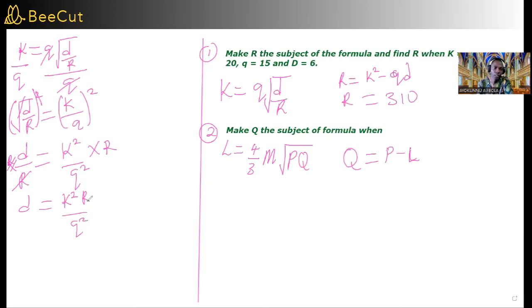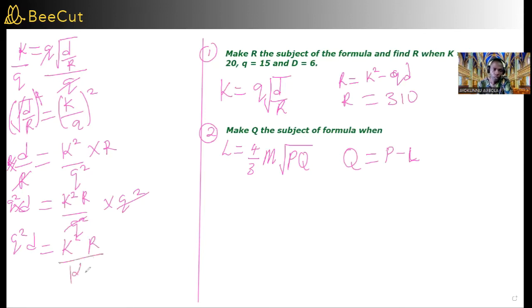Now bear in mind that it is R I want to free. So with this, I can multiply both sides by Q square. So Q square D equals, then Q square cancels Q square, I have K square R. Now R can stand alone if I divide both sides by K square.